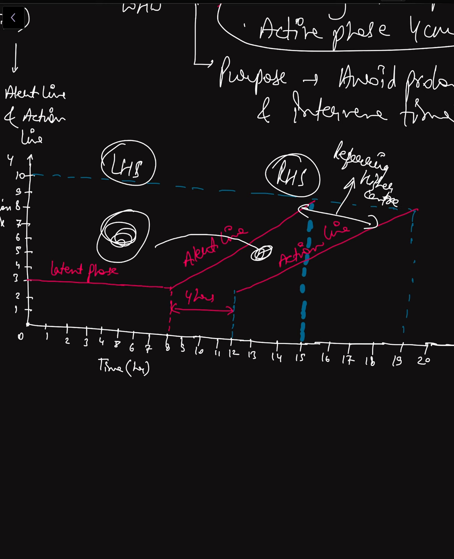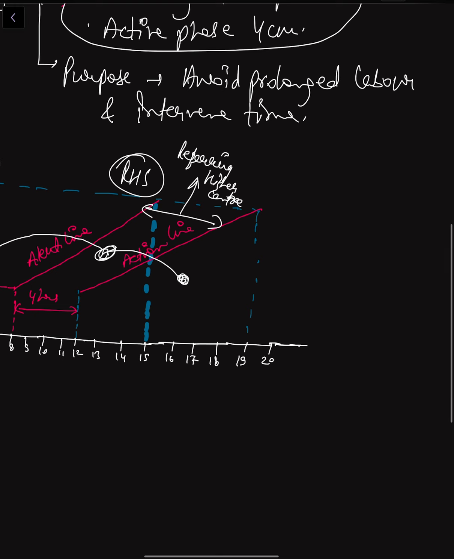But if the line crosses the action line too, then what will we do? It is the indication for taking action immediately, not for referring. Take the action as soon as possible. It may be a cesarean section, or whatever is possible.